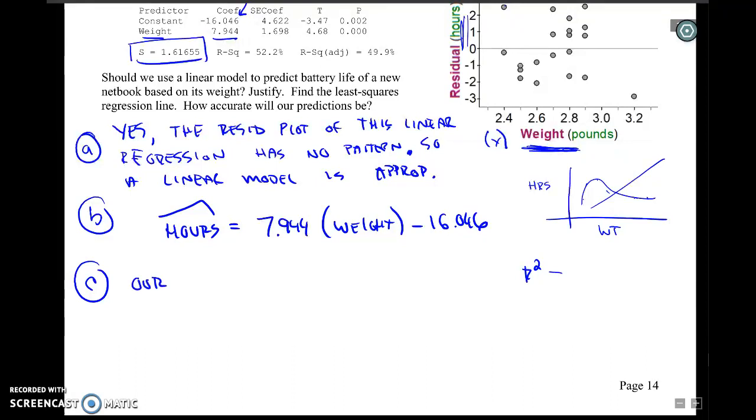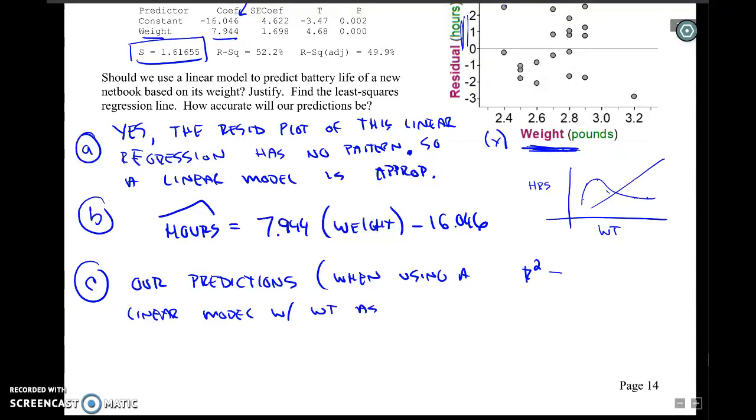Our predictions when using a linear model with weight as the predictor. I don't know if this is a needed statement, but I'm not going to risk it.